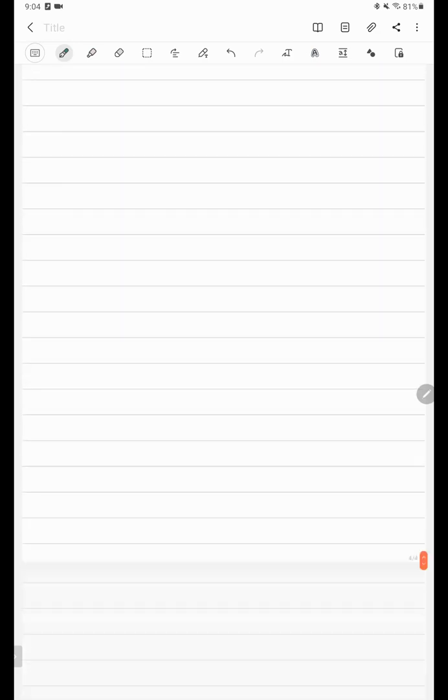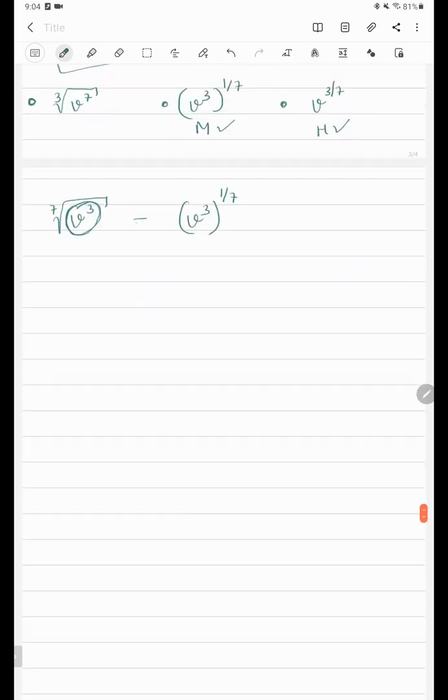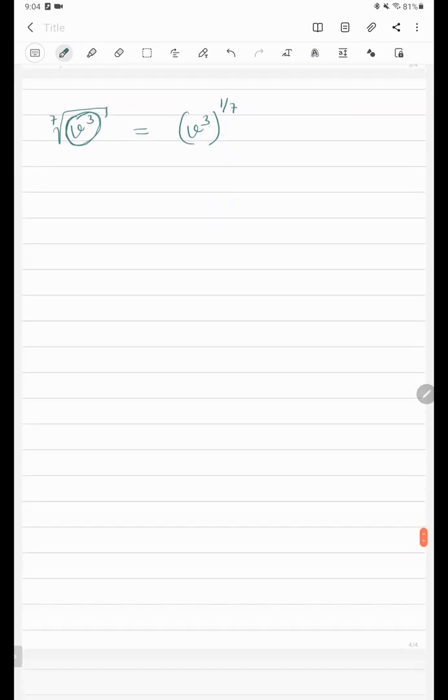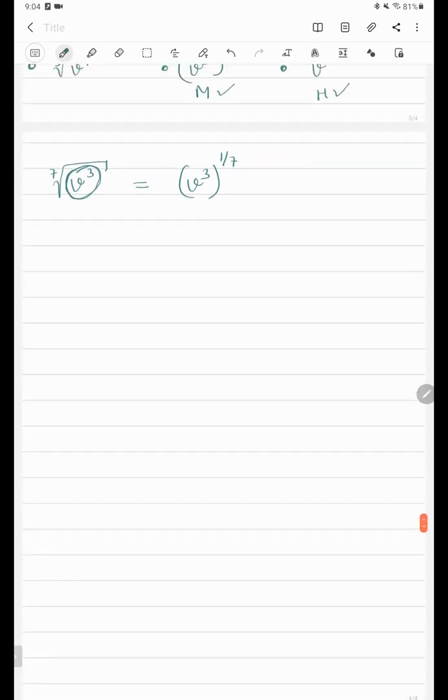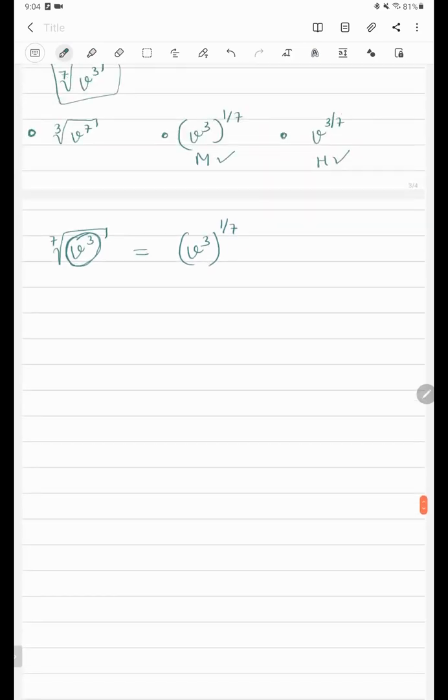This is the same thing. Veer, is it clear? Okay, once again, I will just explain this. So this is v to the power 3 whole to the power 1 by 7, which is the same as our second expression, and that's why it is correct.